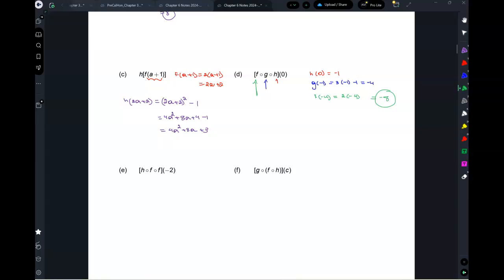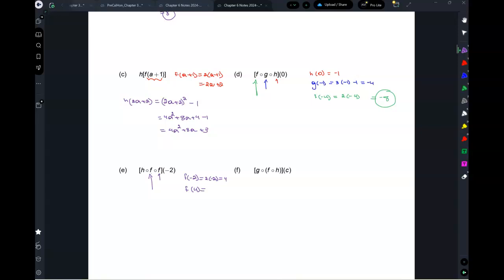Okay. So this one. H of f of negative 2. Okay. Yes, it repeats, but that's okay. So let's start with f. F of negative 2 is 2 times negative 2, negative 4. And then the outer one is f of 4.